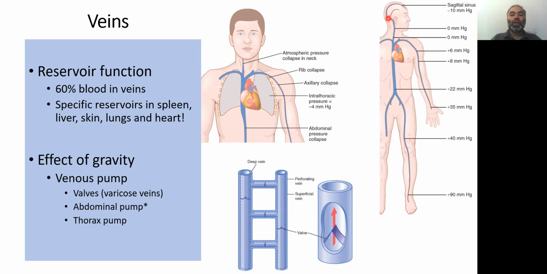However, the veins of the skull are contained in an uncollapsible chamber. You can't collapse the skull. It's made of bone, all right? So the veins are embedded inside that bone. You can't compress that. It's fixed. So if you drop the pressure within the veins inside the skull, what's going to happen? They will go into negative pressure. And that's why you have a negative pressure in the sagittal sinus.